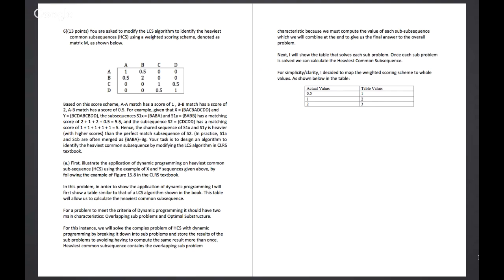I also want to mention that my table may look a little different. The first time I read this problem, I knew I had my work cut out for me. As I was solving this problem, it made more sense to me to map the actual weights of 0.5, 1, and 2 to whole values 1, 2, and 3.